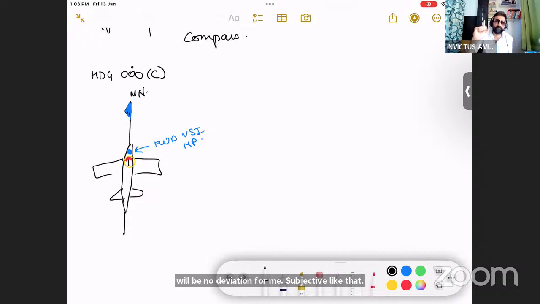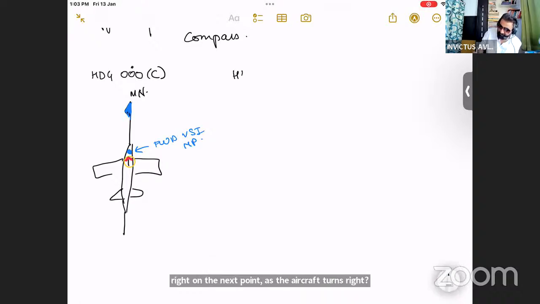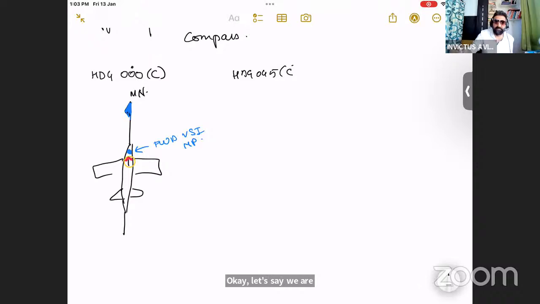Okay, write down the next point. As the aircraft turns right, this is the one where we'll talk about heading 045. Let's say we are changing our heading and going towards the compass heading 045. What would happen?